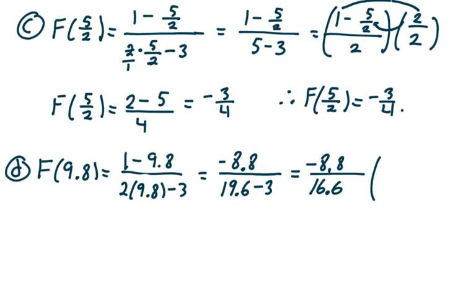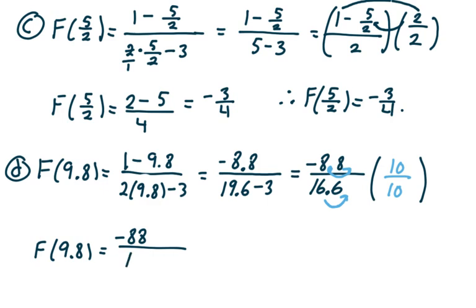Now, if I multiply the numerator and denominator by 10, that's going to cause a shift of that decimal one place to the right. That's how that works. And so f of 9.8 is negative 88 divided by 166. Well, can I divide numerator and denominator by 2?